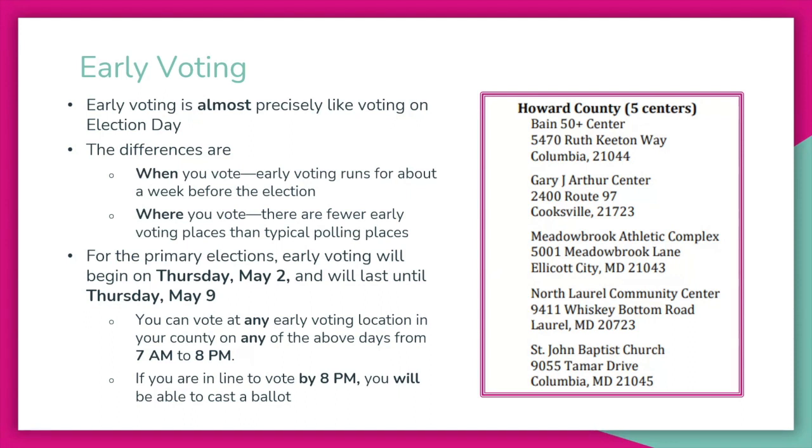Like election day voting, you can cast a ballot if you are in line to vote by 8 p.m. There are fewer early voting locations than polling places, so it's essential to check the Board of Elections website to go to one of the locations in your county. Howard County has 5 early voting locations seen here.